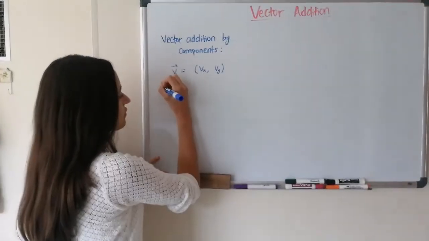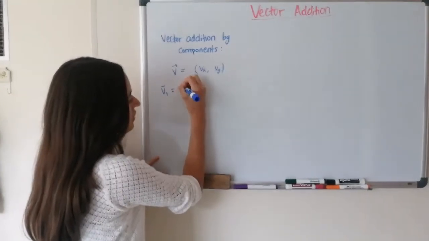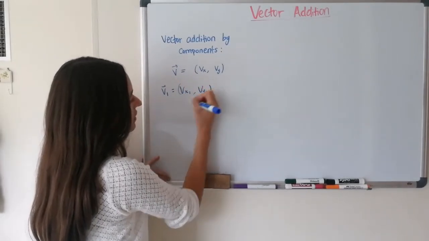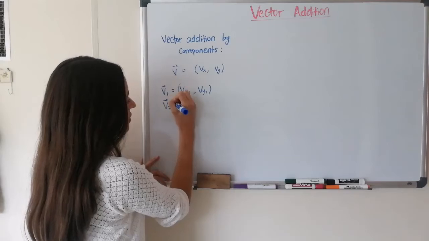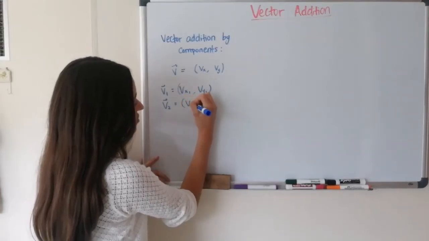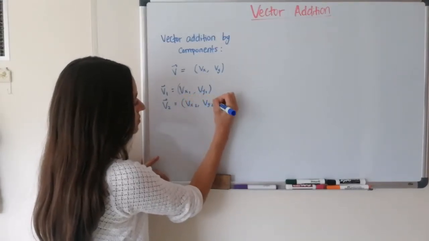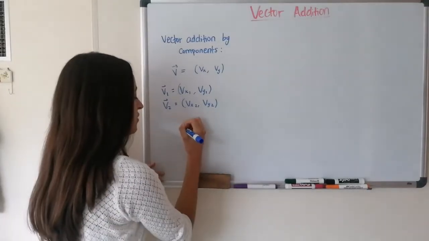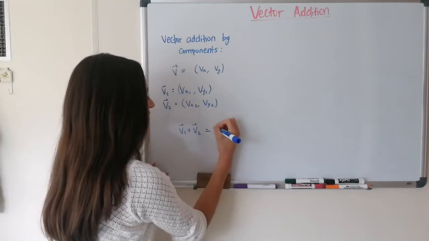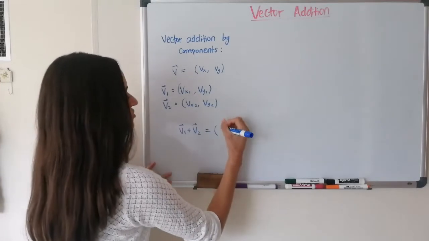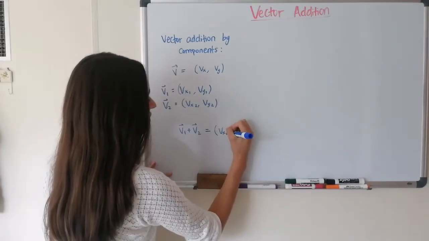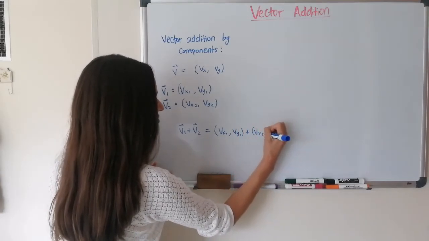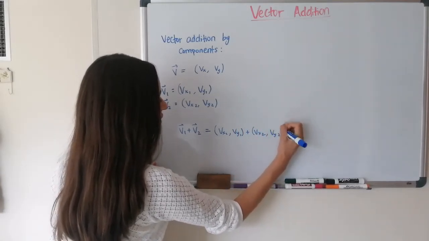So we're going to have the vector v1, which is vx1, comma, vy1, and v2, which is vx2, comma, vy2. If we were going to add v1 plus v2, we would get their definitions. So this is vx1, comma, vy1 plus vx2, comma, vy2.